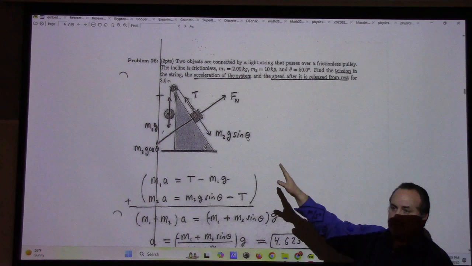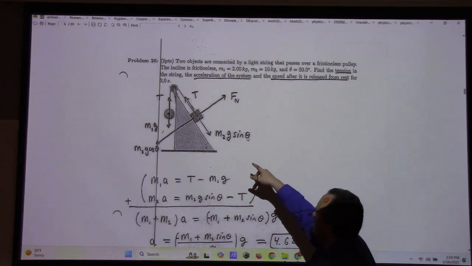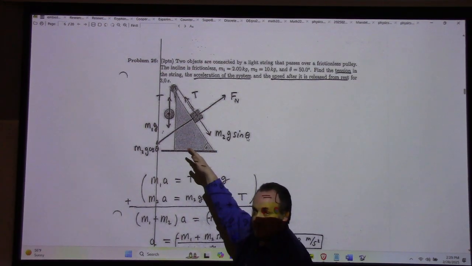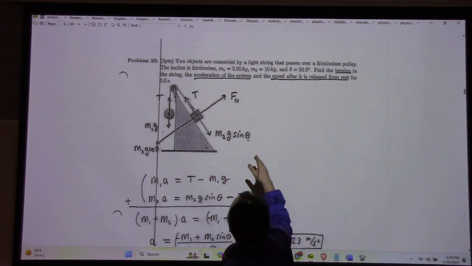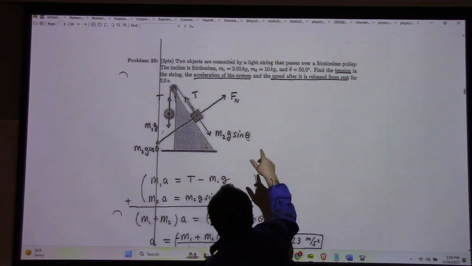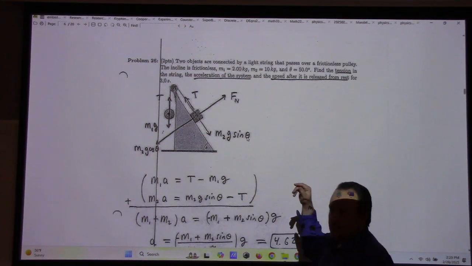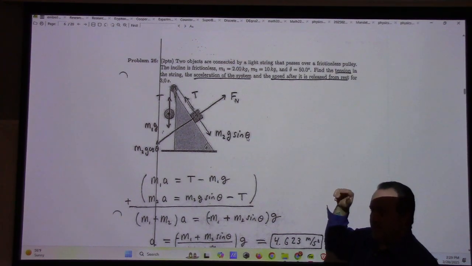If we did have friction, what would the difference be? We'd add a friction force. It depends on which direction the motion goes, because we have to make the friction go opposite the motion.